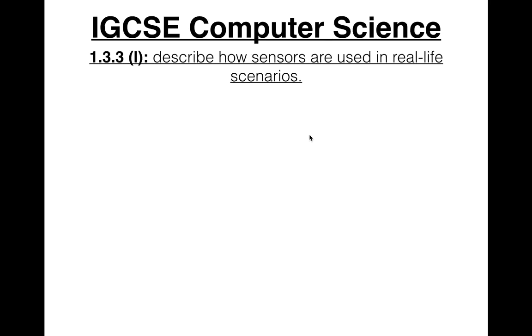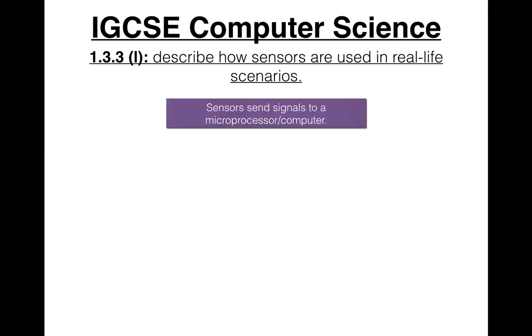So we don't know what we're going to get. So we need to get into practicing how we can use microprocessors and sensors to control a system. That's pretty much what we're going to do in this video. We're also going to do two examples and an exam question. So let's get to it.